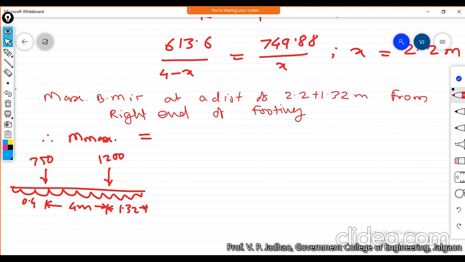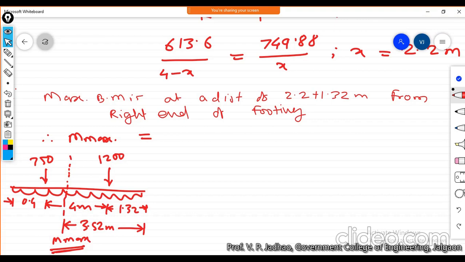So this maximum bending moment will be at a distance, the section is here, and this distance is 2.2 plus 1.32, that is 3.52 meter, where bending moment is maximum.